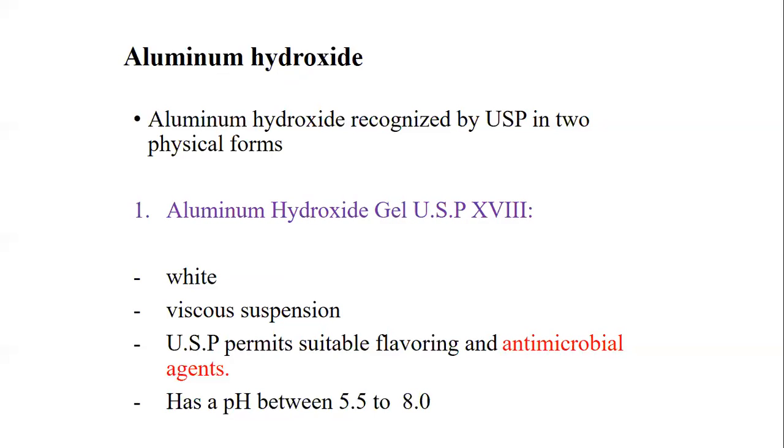It is a viscous suspension and it permits suitable flavoring and antimicrobial agents. Since this is a syrup or a suspension, the USP permits suitable flavoring and antimicrobial agents, and the pH of aluminium hydroxide gel is 5.5 to 8.